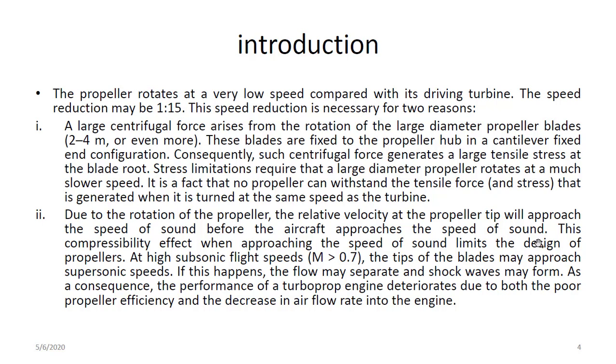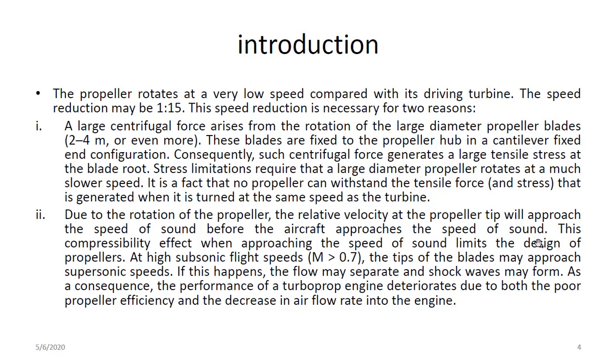The propeller will rotate at very low speed compared to the turbine driving it, and that's why you want a reduction gearbox. It has to reduce the speed. The propeller cannot be turned at the same rotational speed as the turbine. The reasons why the speed of the propeller should be slow are basically two.